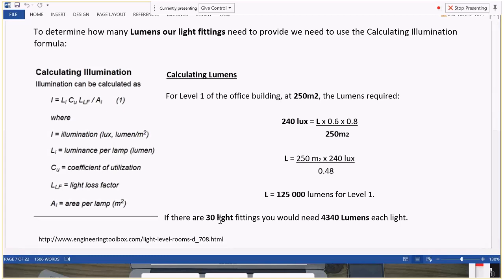So that's 6 rows of 5 lights in each row, for example, or 10 rows of 3. So it works. Even though we need 28.8 lights to achieve that illumination, we can round that up to a reasonable figure rather than having odd spaced lights within the ceiling.